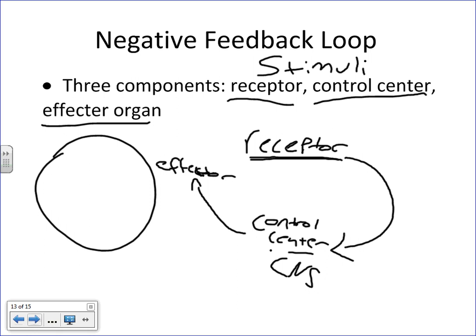The effector organ carries out the right response to get us back to normal. Once we return to our normal set point, the receptors shut off, the control center shuts off, and the effector organ shuts off, because if we overdo this response, that could lead to pathologic problems as well.